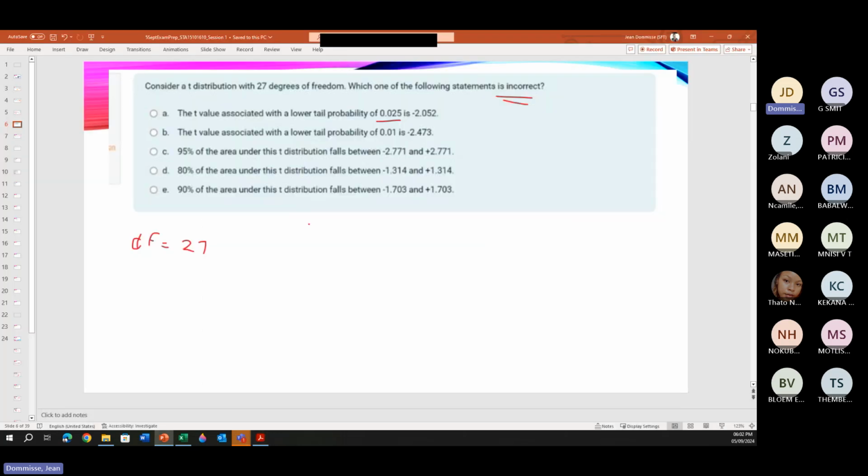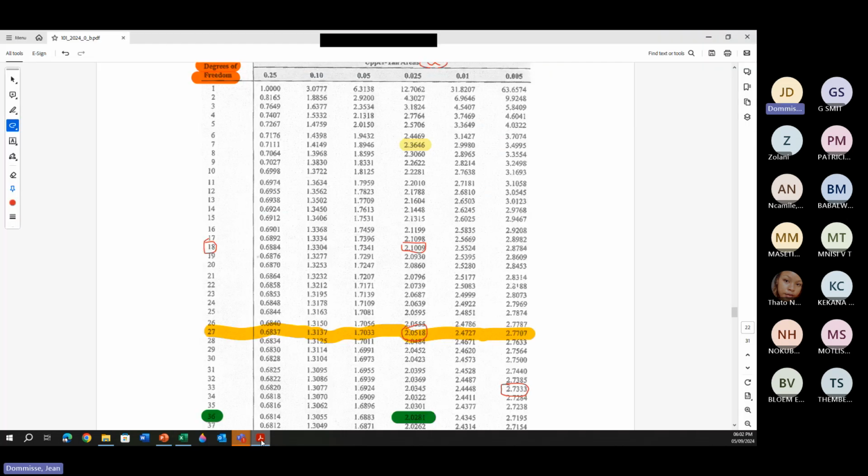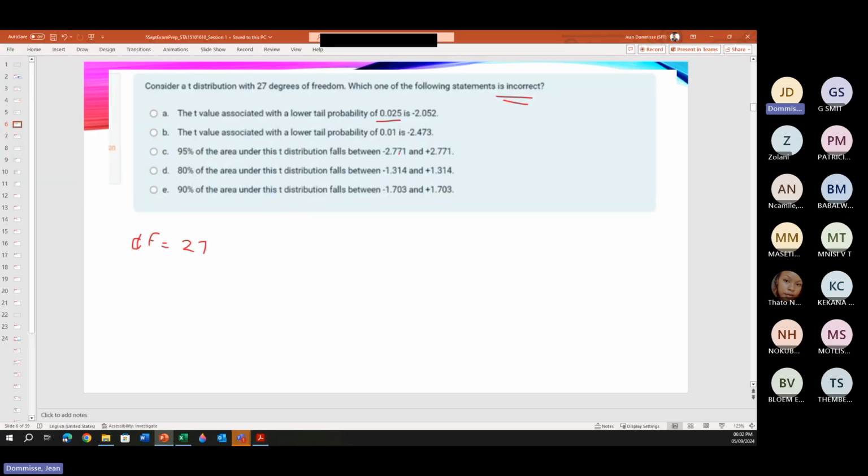2,052. Because it's lower, there is a negative. So it's just like the t distribution is like the z distribution.